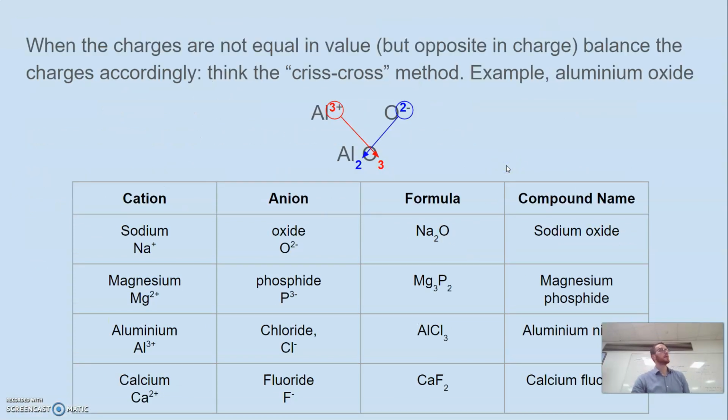What happens when we don't have equal charges? What we do is we want to balance the charges accordingly. I call it the crisscross method. We don't have to think of it that way, but I find it fairly straightforward. So if I've got aluminium 3+ and oxygen 2-, or oxide, I want to balance that out.